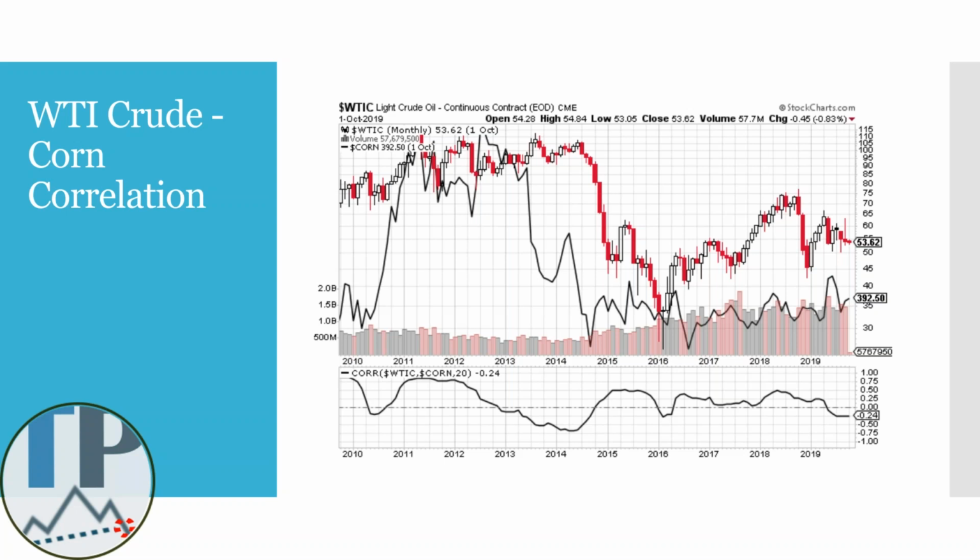And so when crude rises, fuel prices also rise, and that can percolate into a general rising inflationary environment. That tends to impact food commodities, some more than others.